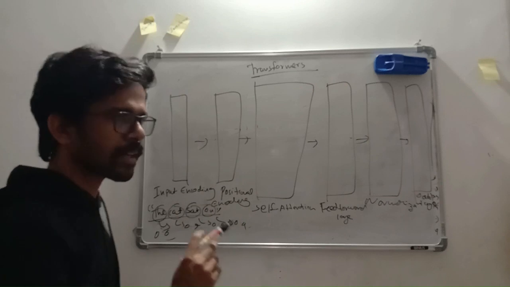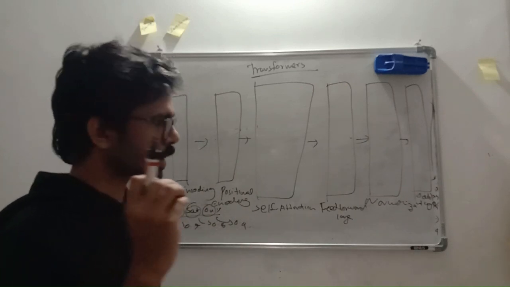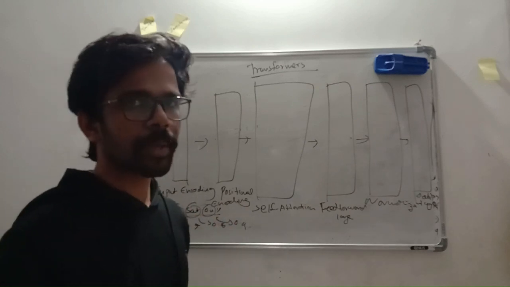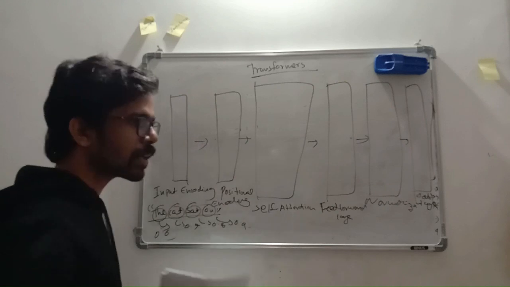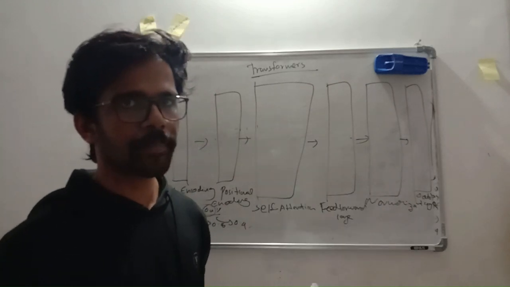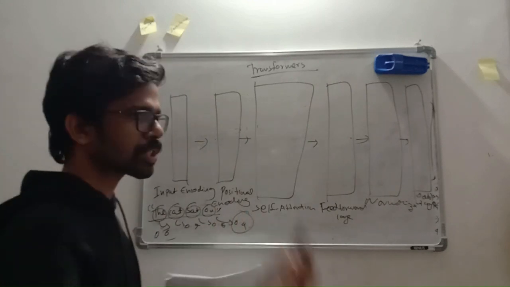In the encoding layer, the job is to convert this human readable text into machine readable formats, that's vectors. The machine only understands ones and zeros, which means it has to be converted to numbers. Then positional encoding.